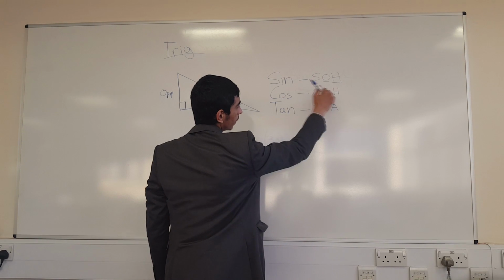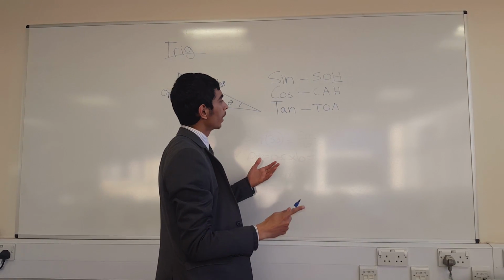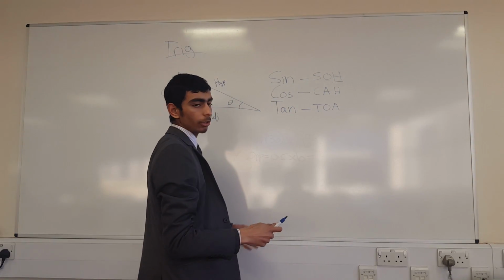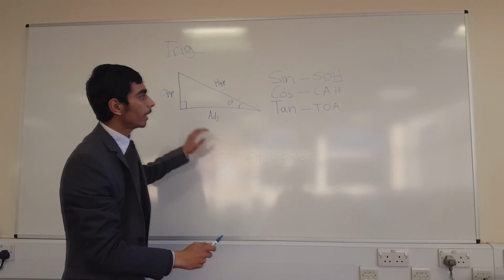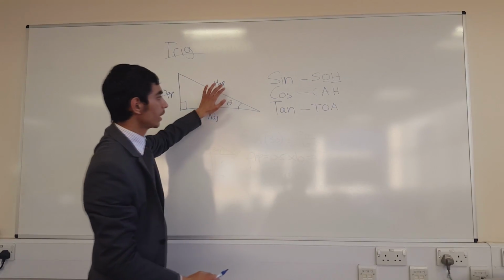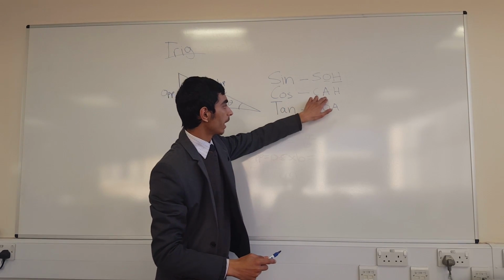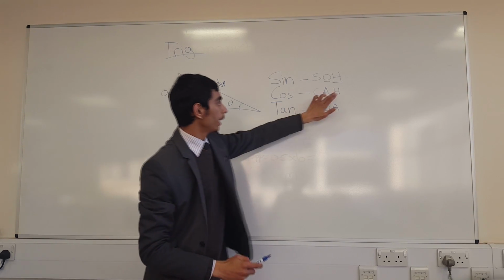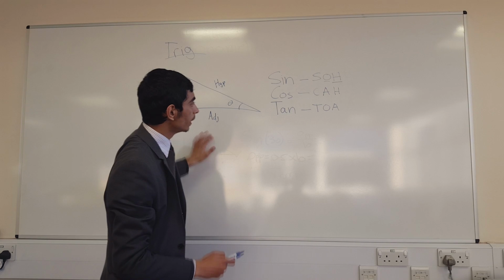The first letter within this mnemonic is the initial of the function itself, and the next two are the initials of the sides. So we've got O, which denotes the opposite, and H, which represents the hypotenuse. For cos we have the adjacent and the hypotenuse, and for tan, the opposite and the adjacent.